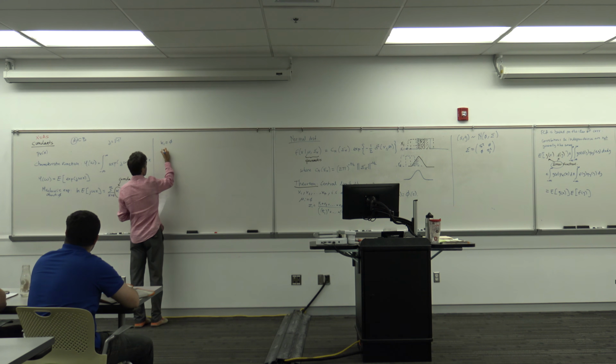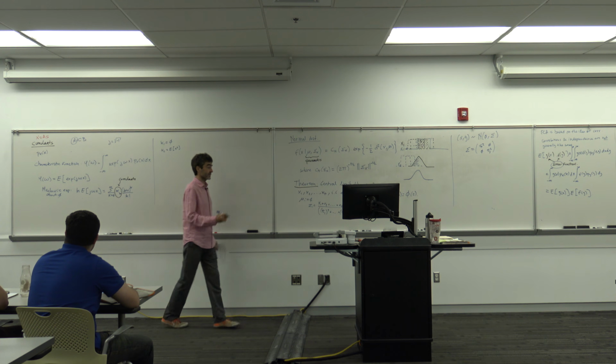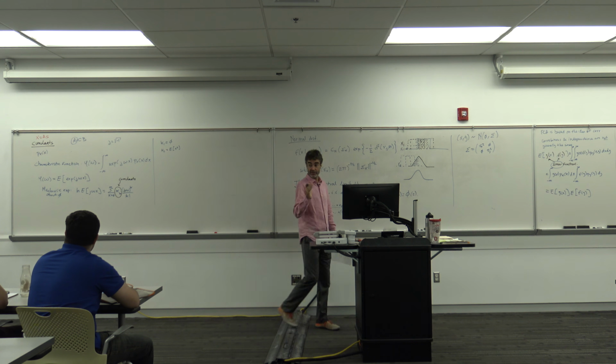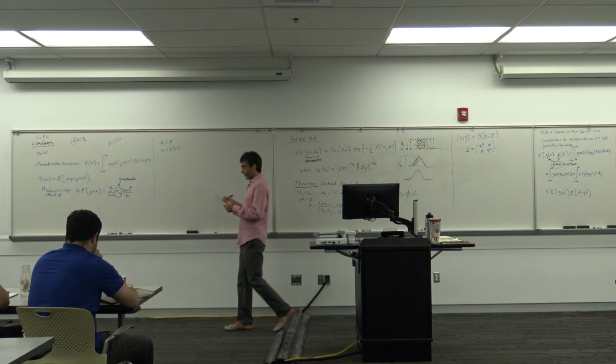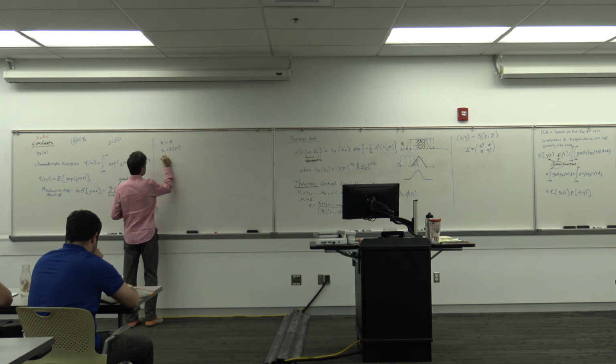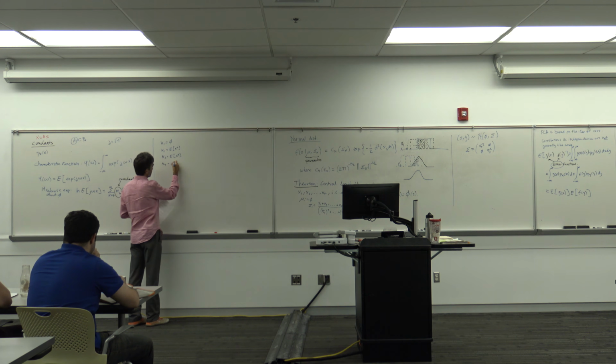Our second cumulant is the same as the expected value of x squared. That means the second moments of the data. So the second cumulant is actually the second moments of the data. The third cumulant is equal to the third moments of the data, exactly the same.